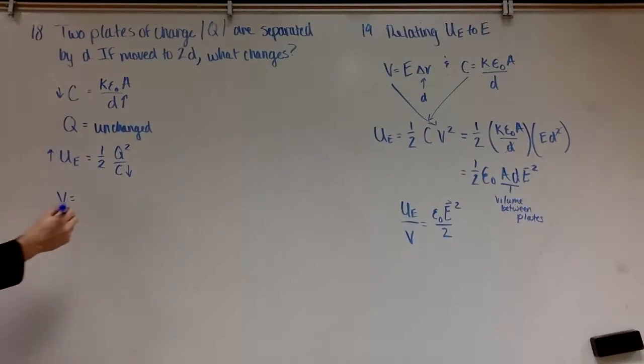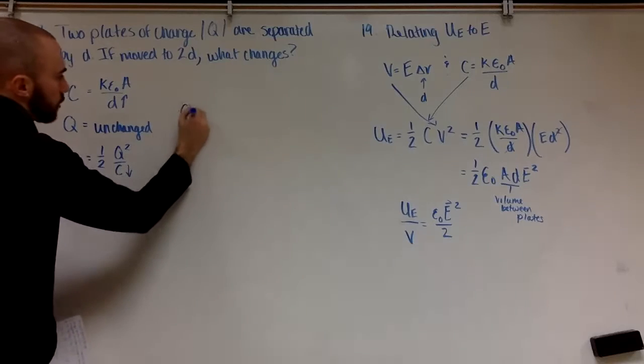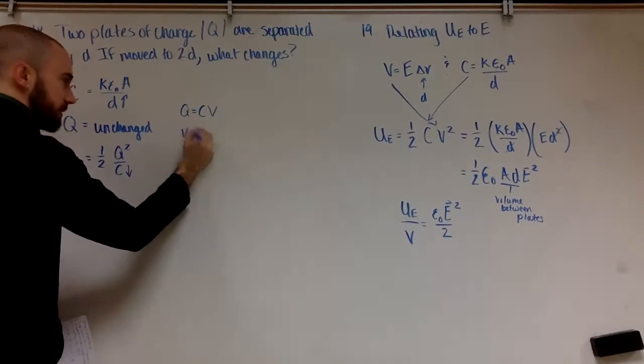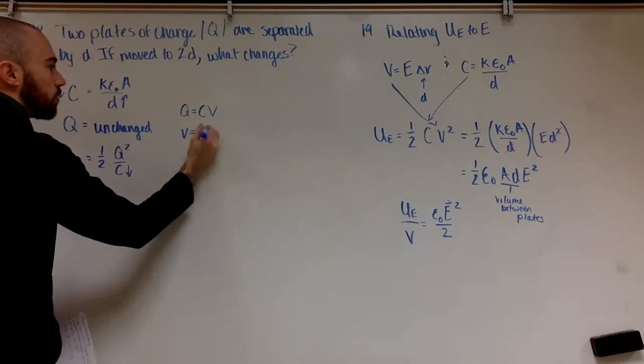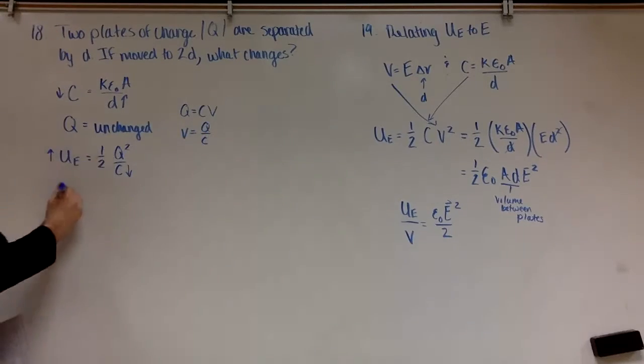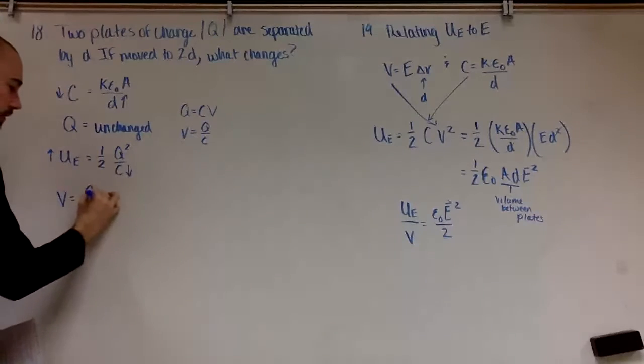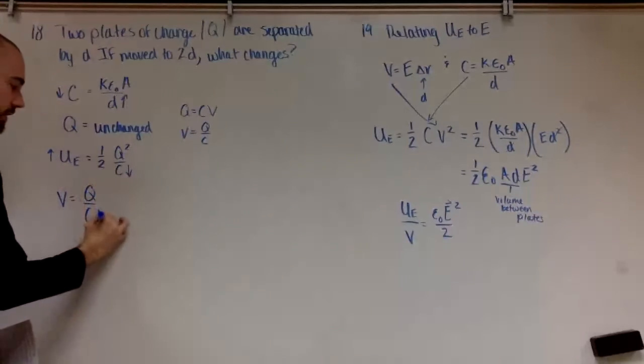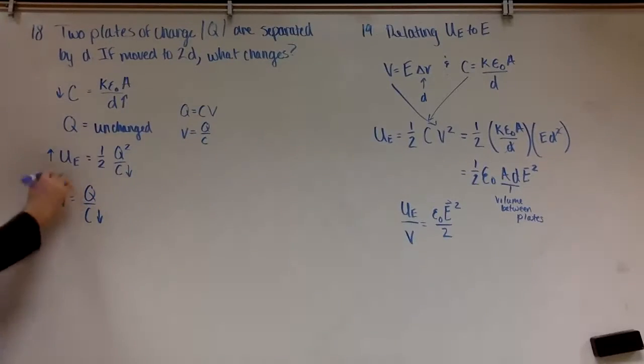Now, since Q equals CV, that means V equals Q over C. And this should make sense because our voltage should go up. So Q is unchanged, C goes down, which makes voltage bigger, and that makes sense because if our voltage is going up, then our electric potential energy should be going up as well. Because remember, electric potential is just how much energy a given charge would have crossing that, so that makes sense.